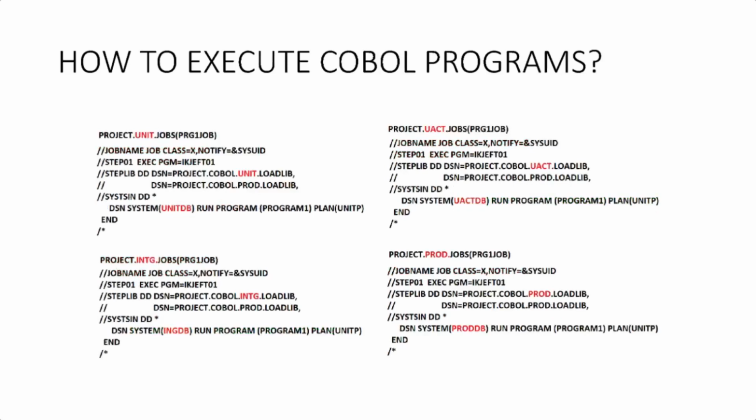Coming to the DB2 programs, we will give the DSN system first for unit DB for unit jobs. For integration jobs, we will give INTGB. That's how it will be pointed to only those environments for testings.